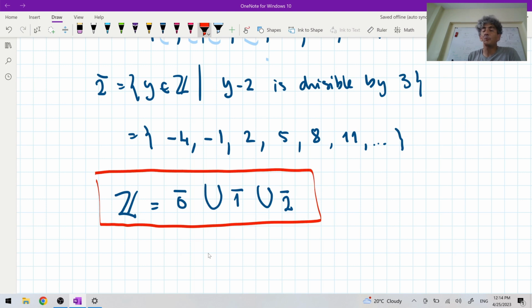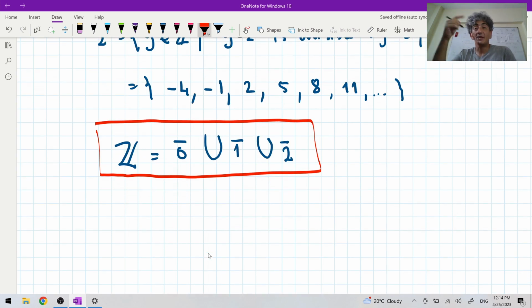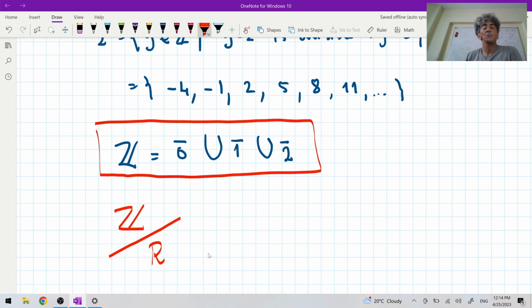But more importantly, what we can do now is take a look at the integers modulo 3. We can say, okay, we're going to take a look at the integers, but through the equivalence relation, the difference being divisible by 3. And then what you have is a set formed by the equivalence classes.